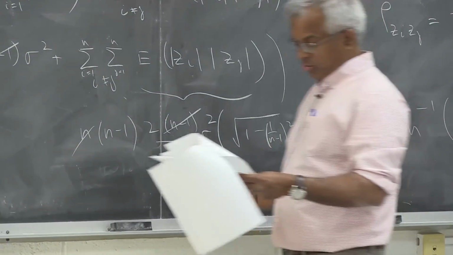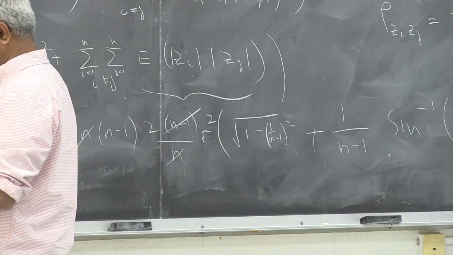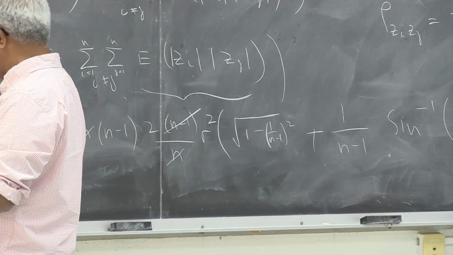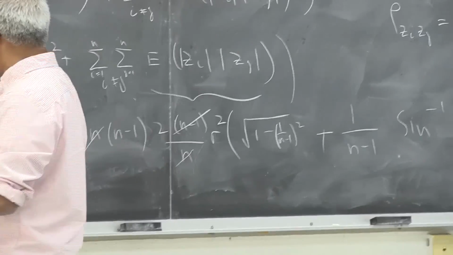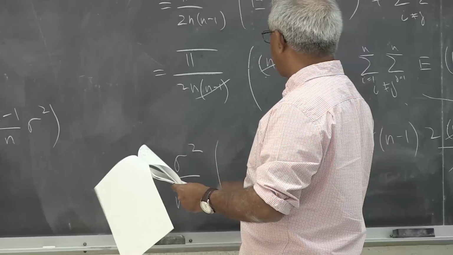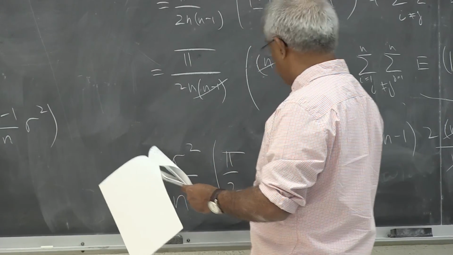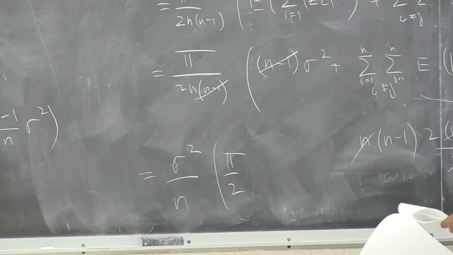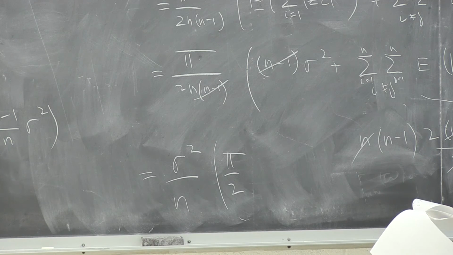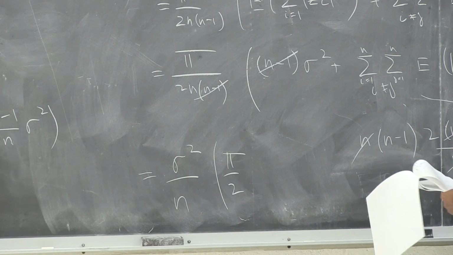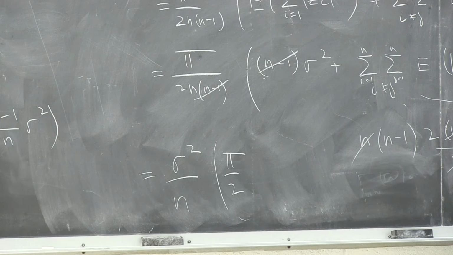And sigma squared is common, so if I write it down, this simplifies to sigma squared over n, and the first term is pi by 2. And this term, of course, we can write as square root of n minus 2 over n.